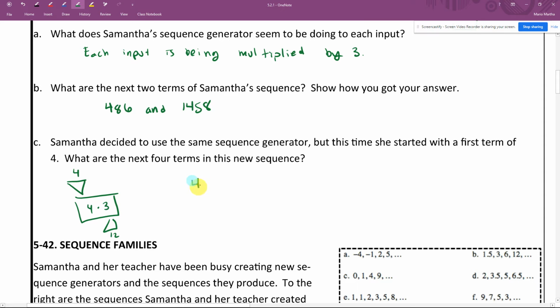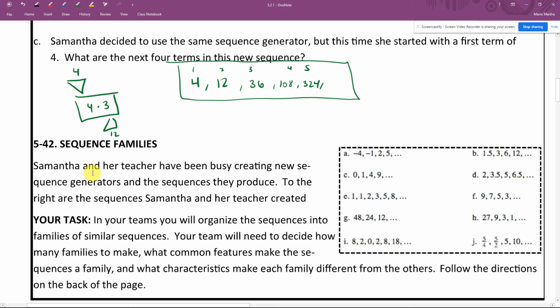The next term is 12, and that would be the second term, then the third, fourth, and fifth terms. So we need those as well. 3 times 12 gives us 36, which is the next term. 3 times 36 gives us 108. 3 times 108 gives us 324. So that would be the first numbers in the sequence.